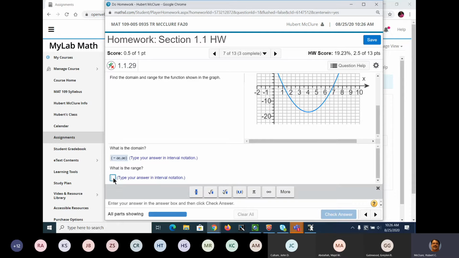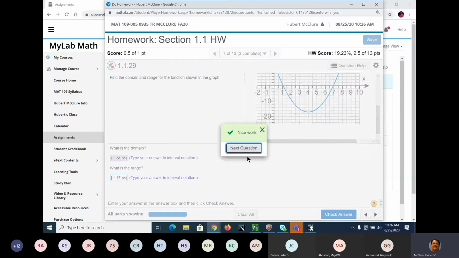So I don't know what they want there. That'd be negative 17, comma, infinity. Close parentheses. Yep, that's what they wanted, negative 17.